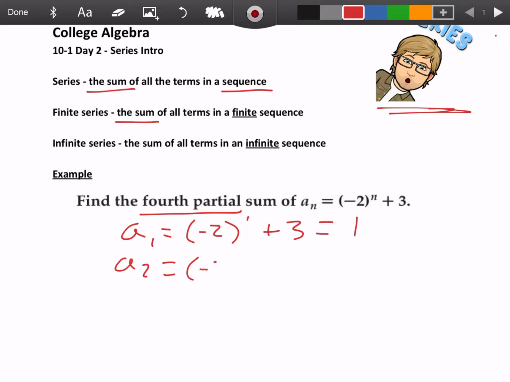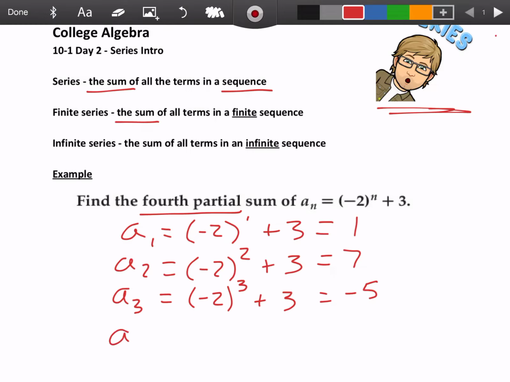Find a2, -2 squared plus 3, well, -2 squared, that's a positive 4, plus 3, that would be 7. a3, -2 to the third, that would be a -8, plus 3, that would be -5. a4, that would be -2 to the fourth, that would be a positive 16, plus 3, that would give us 19.